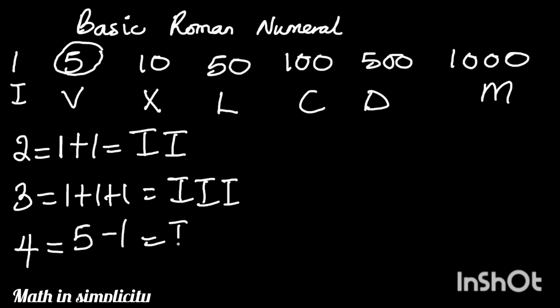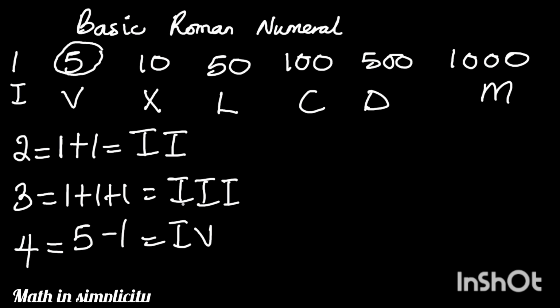Now you're going to ask, why didn't I write the 5 before 1? In Roman numerals, anytime you're subtracting, you write the lesser number before the greater number. So 5 minus 1 is written as IV and not VI. Anytime you see a lesser number in front of the greater number, it simply means we subtracted. That's just the modus operandi of writing in Roman numerals.